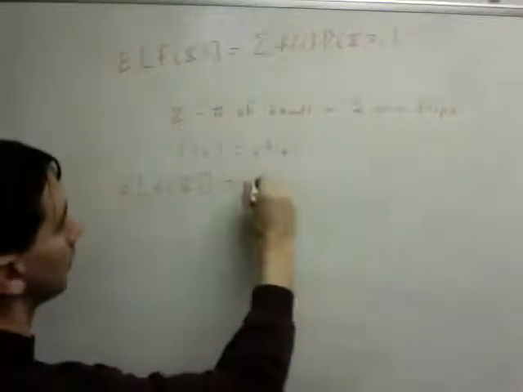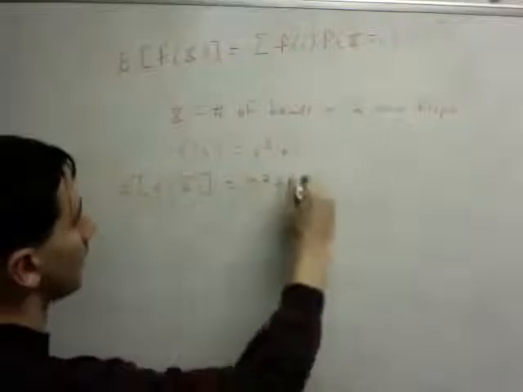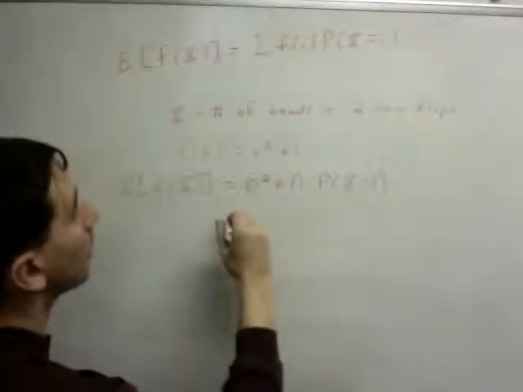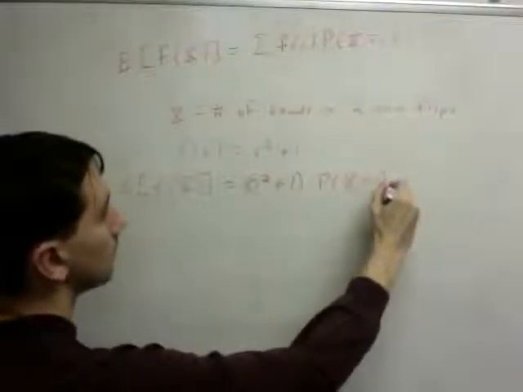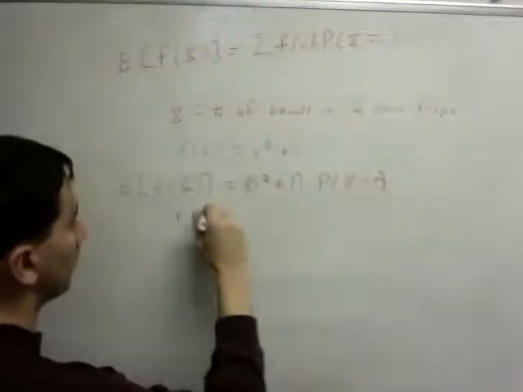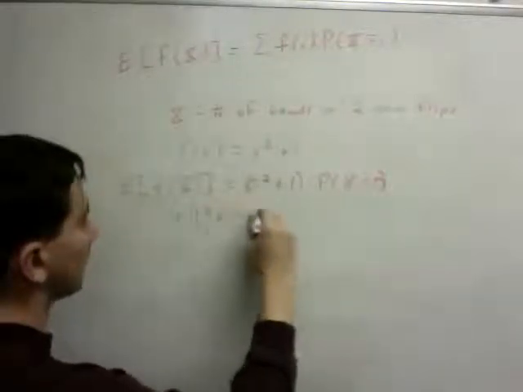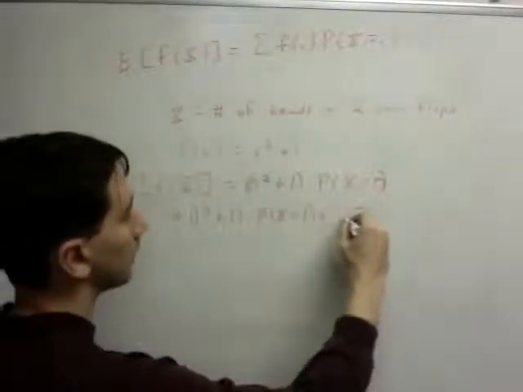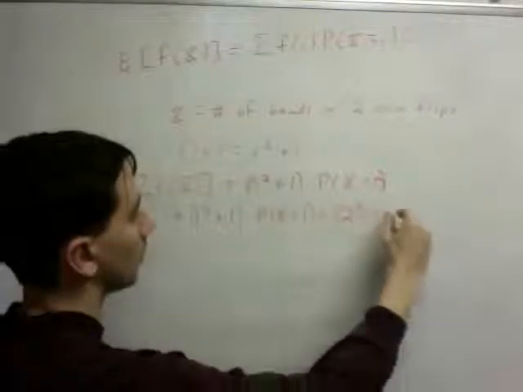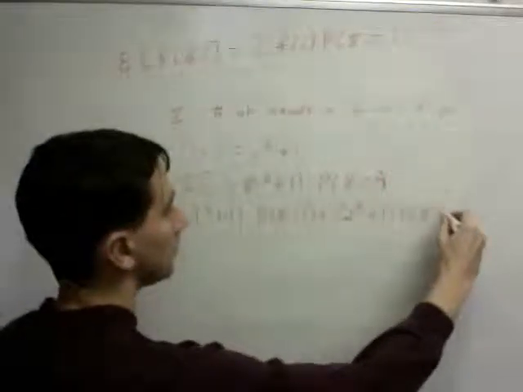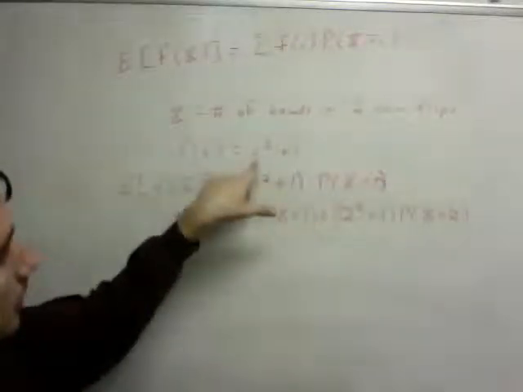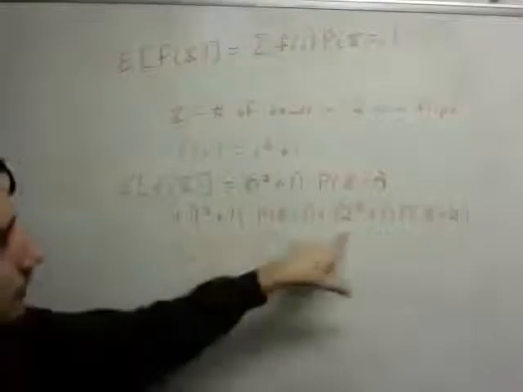So it would be 0 squared plus 1 times the probability that x equals 0, plus 1 squared plus 1 times the probability that x equals 1, plus 2 squared plus 1 times the probability that x equals 2. So note that we just plug in the value of a random variable for this little x into this formula.